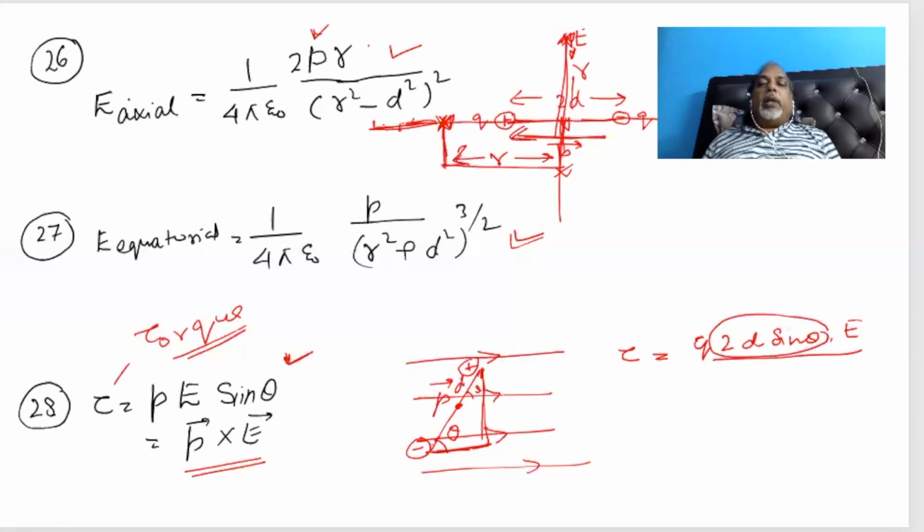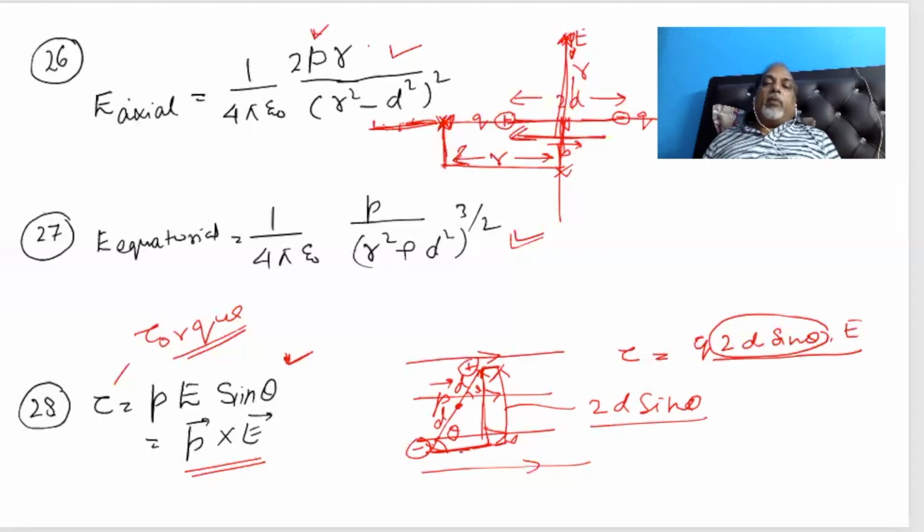This is your D and this is your D. This is your 2d. 2d sine theta is nothing but this distance. This is 2d sine theta.